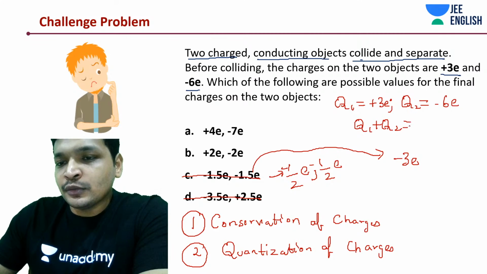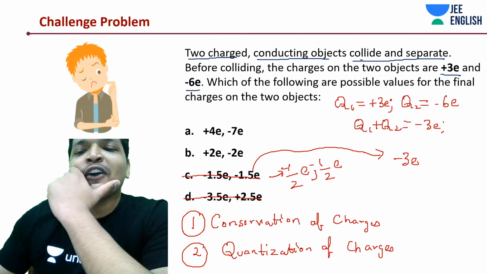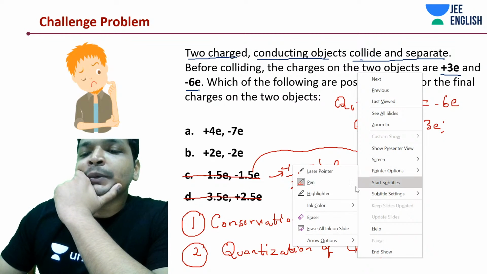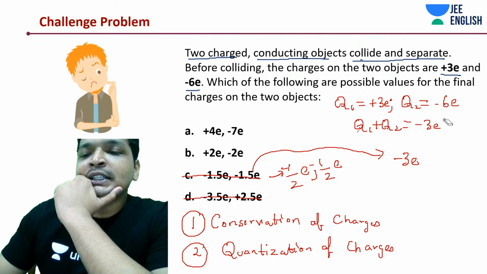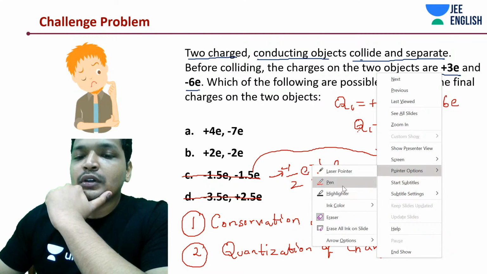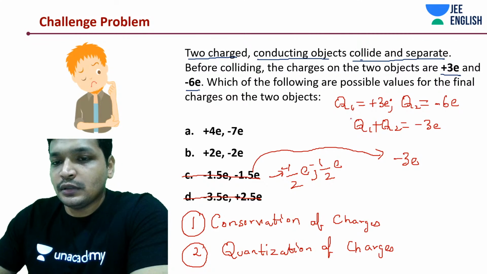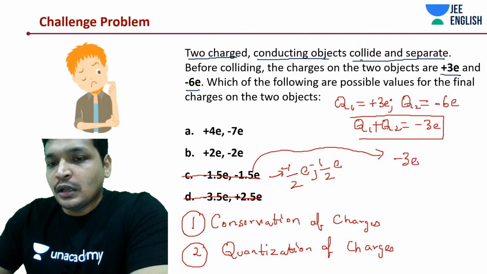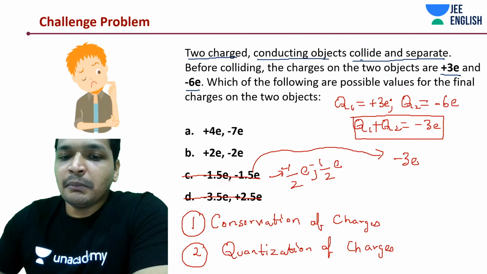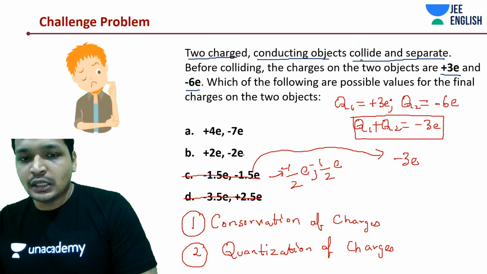It is going to be minus 3. Alright, so wherever you would get minus 3. This one also you are getting minus 3, but it does not follow quantization of charges.